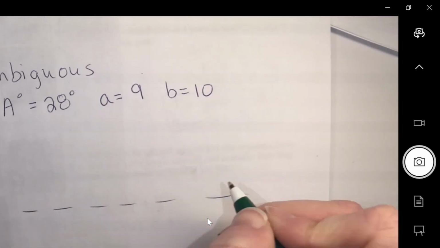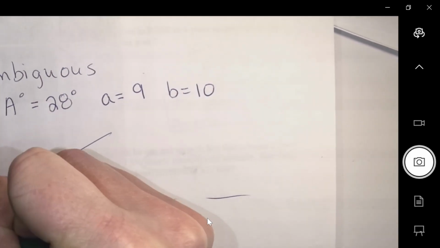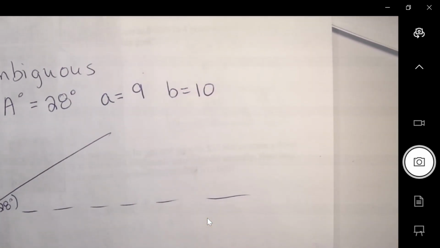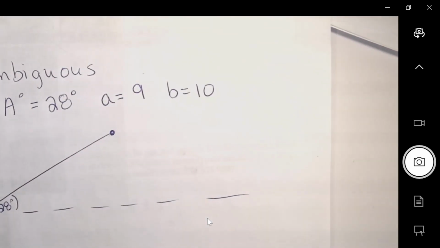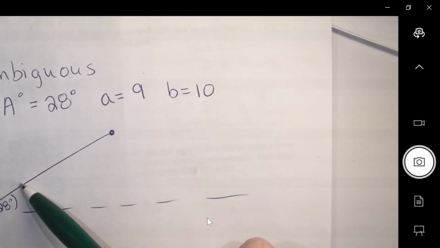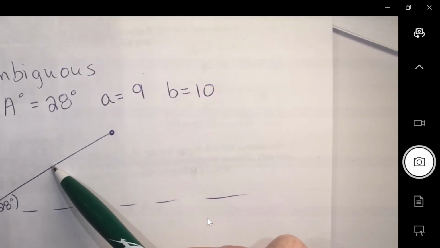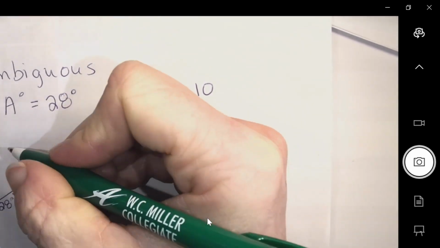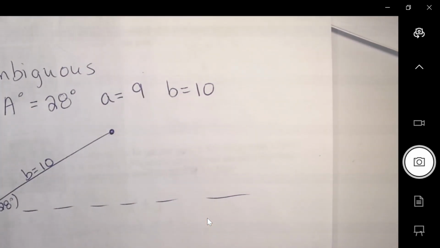Angle A is 28 degrees. Which side would I put on right here? The 9 or the 10? The 10. Because side A should be across from it.